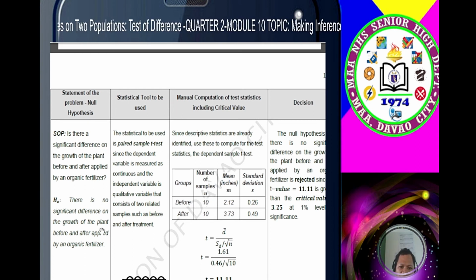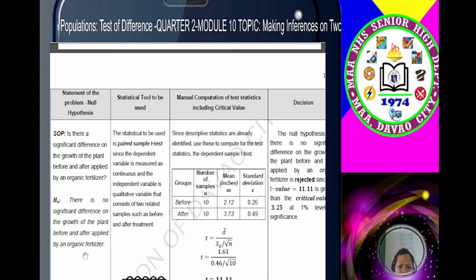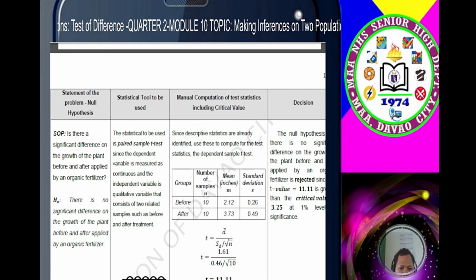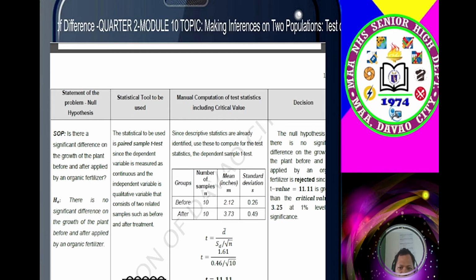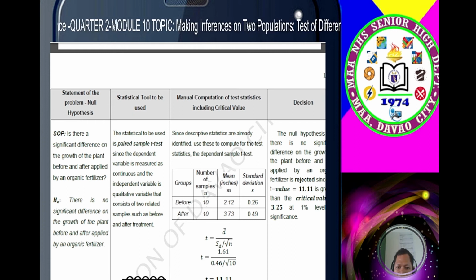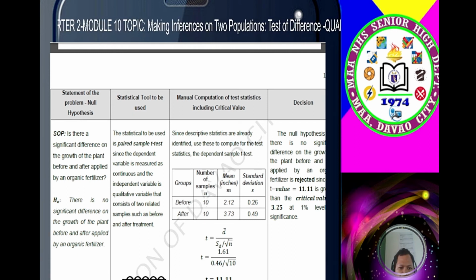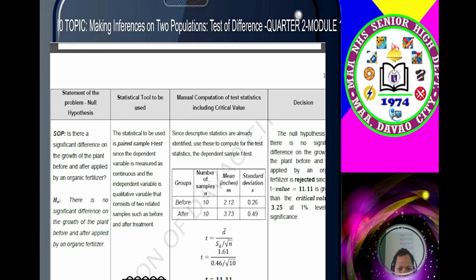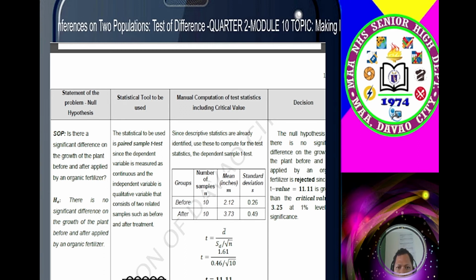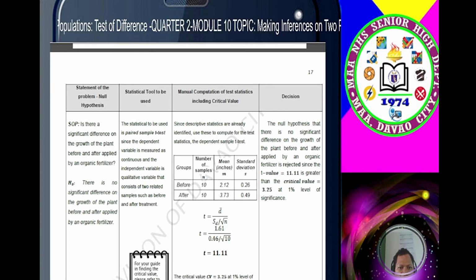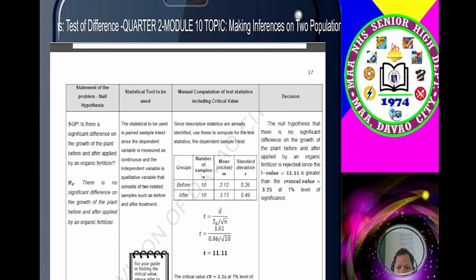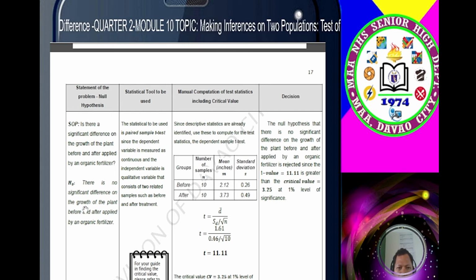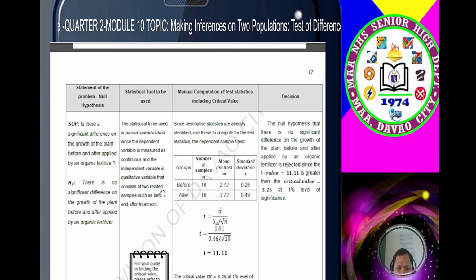So our H0 here is: there's no significant difference on the growth of plant before and after the organic fertilizer is applied.